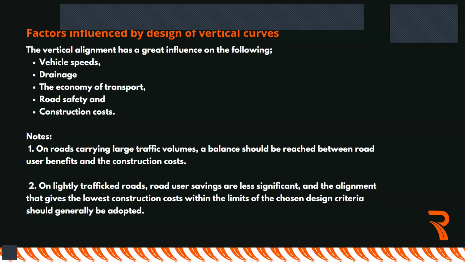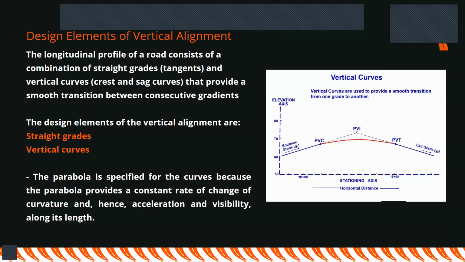The alignment that gives the lowest cost of construction within the limits of the chosen design criteria should be adopted. That's why you notice in low traffic roads, you will not find a lot of earthwork ongoing. You will find steep slopes at that point. Again, the economy of transport, comparing the people moving within that road, then again, we have a saving.